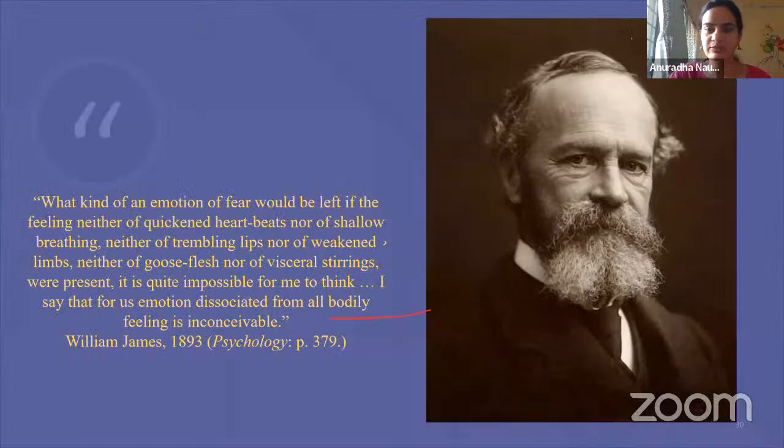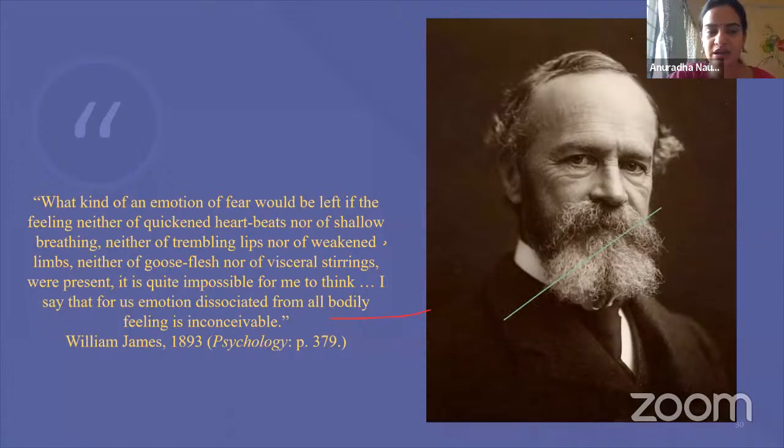So William James, who was a proponent of the James Lange theory, he said, what kind of an emotion of fear would be left if the feeling neither of quickened heartbeats, nor of shallow breathing, neither of trembling lips, nor of weakened limbs, neither of goose flesh, nor of visceral stirring were present? It is quite impossible for me to think.